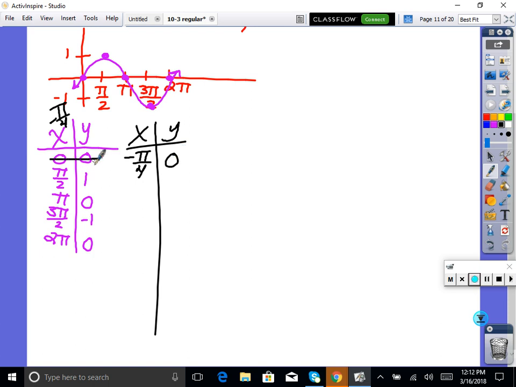Then 1/2 minus a fourth. You would do it in your calculator. If you can't do that, that's fine. That's 1/4. So pi fourths, comma 1. Then 1 minus a fourth. You could do it in your calculator. 1 minus a fourth is actually 3 pi fourths, I believe. So 3 pi fourths, comma 0, correct? And then 3 halves minus 1/4.